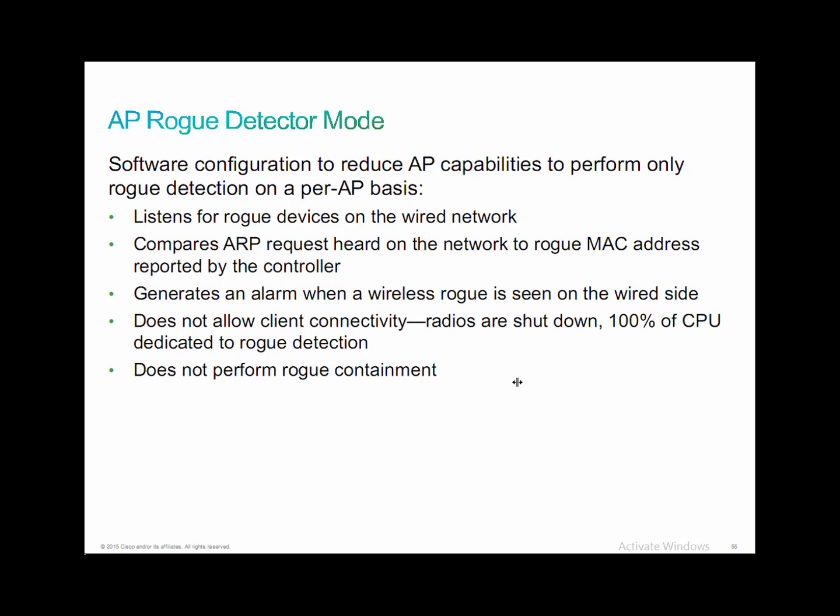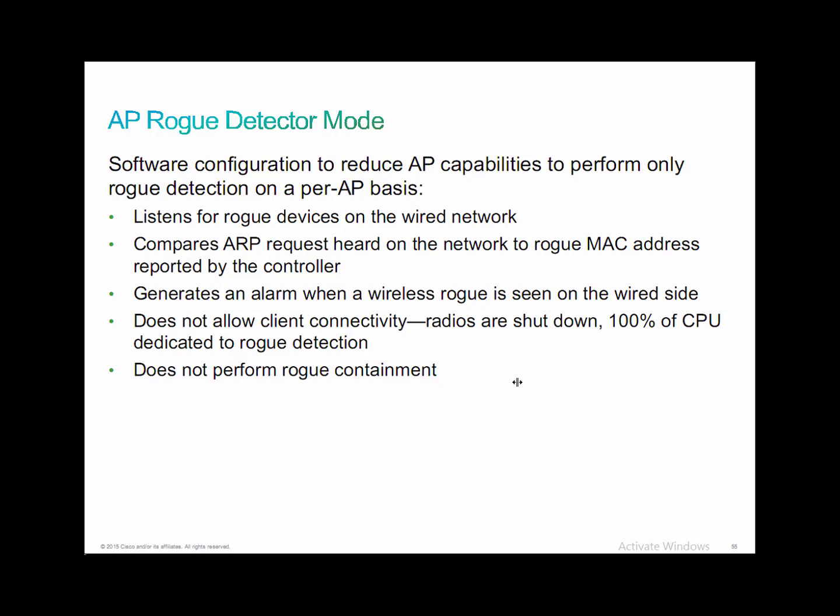We can put the AP in a mode to avoid having to place rogue detectors in multiple VLANs. We can use a trunk port, so we can actually trunk that traffic, so I can hear all the ARP traffic from multiple subnets. But my point being, my previous statement was that you definitely need to have either that configured, so a trunk interface, or you need to have a separate rogue detector for each subnet.